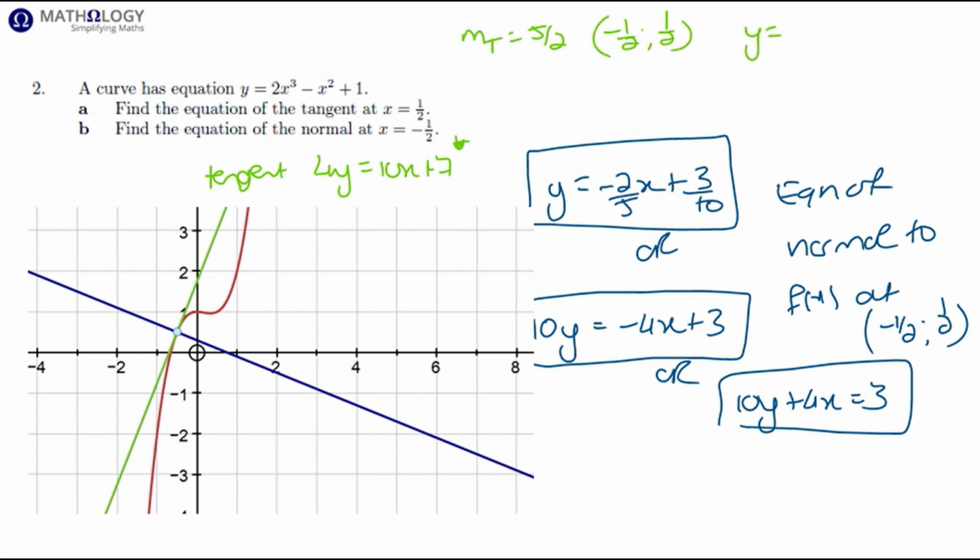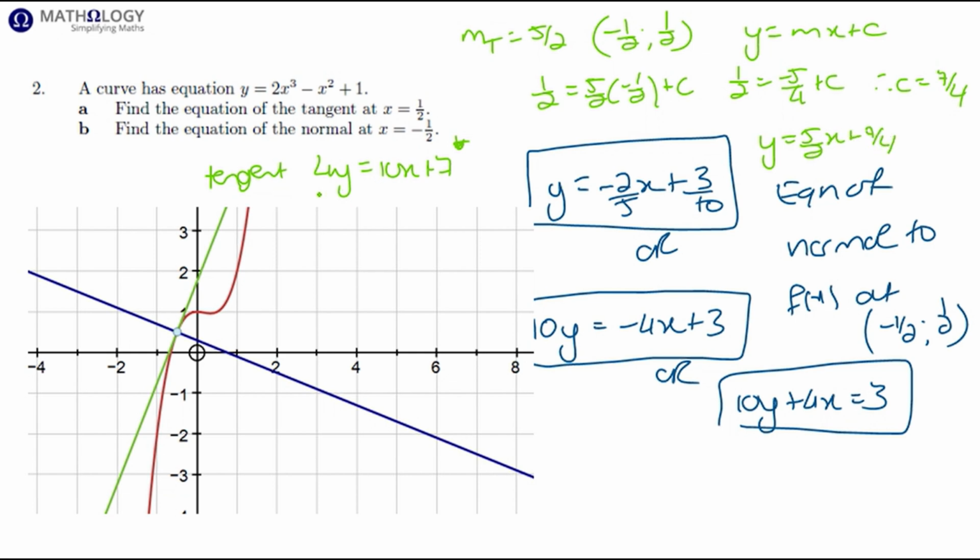So y equals mx plus c would have a half equals 5 over 2 times minus a half plus c. A half equals minus 5 over 4 plus c, and c is therefore 7 over 4. So the equation of the tangent is y equals 5 over 2 x plus 7 over 4, which is equivalent to 4y equals 10x plus 7.